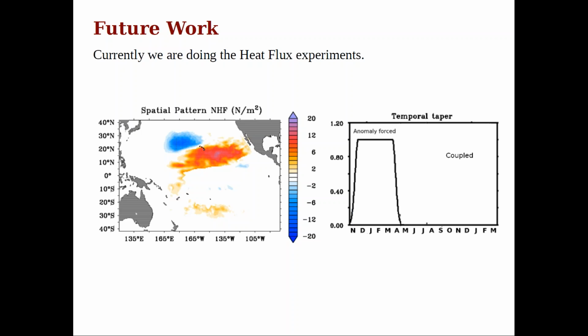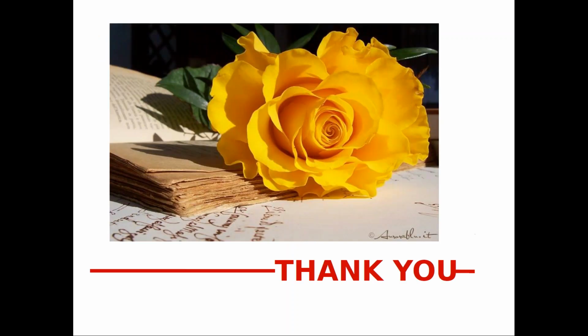We will see how this evolves as an ENSO or not, and then we are planning to do another run where we will put in both the tau forcing, meaning wind stress forcing, and the heat flux forcing, and we'll see which one is more effective at generating ENSO. Thank you for your attention.